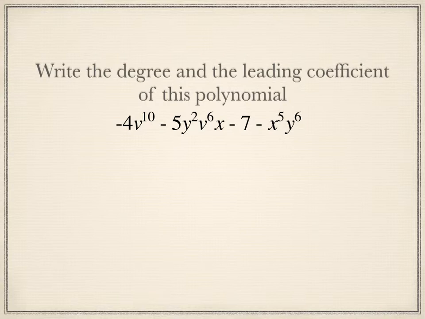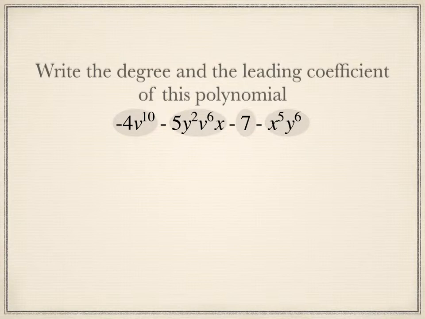So the degree on this one is what we're going to look at first. So polynomials consist of terms, and our terms are separated by the minus signs or plus signs. So you can see right here we have 4 terms. Okay? And each term has a degree.